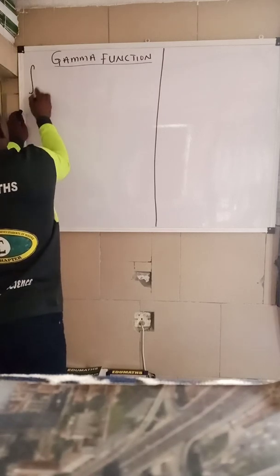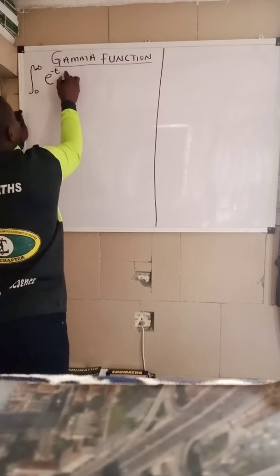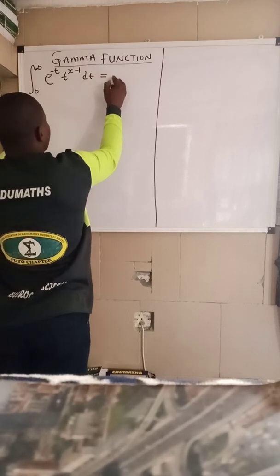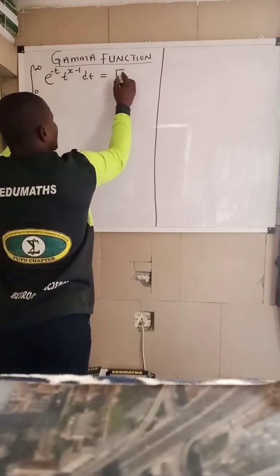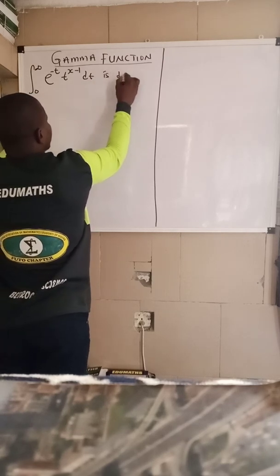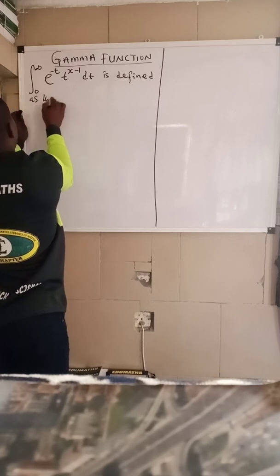We said that the integral from 0 to infinity of e to the minus t, t raised to x minus 1, dt, is defined as the gamma of x.